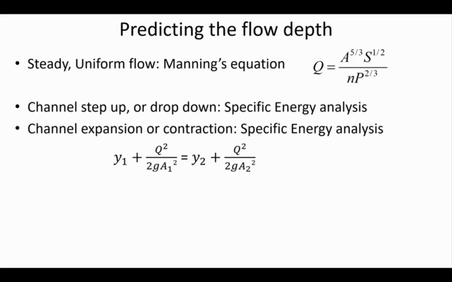More recently, we were talking about what happens when there's some sort of an interruption to steady uniform flow. For instance, if there's an obstruction in the channel, or if the channel becomes wider or narrower, we can use specific energy analysis to predict the reaction.